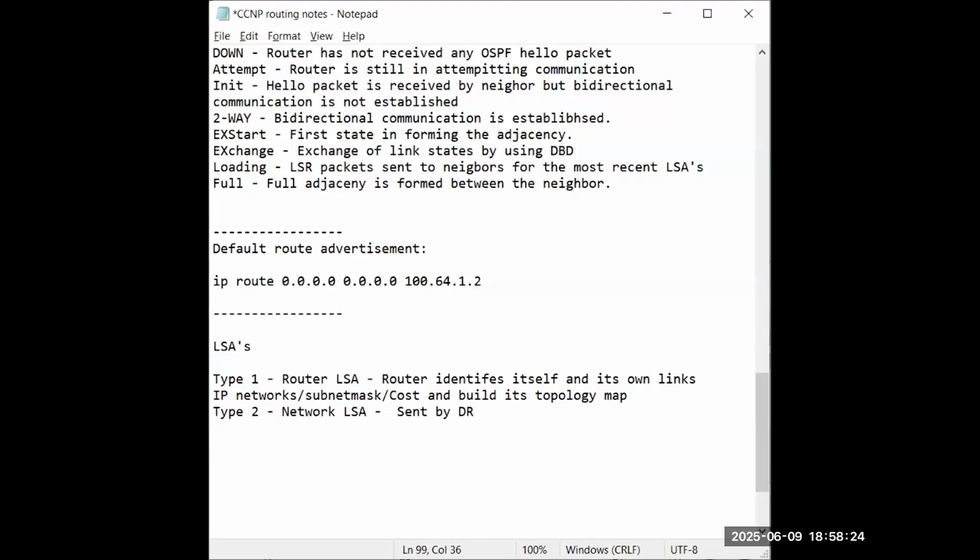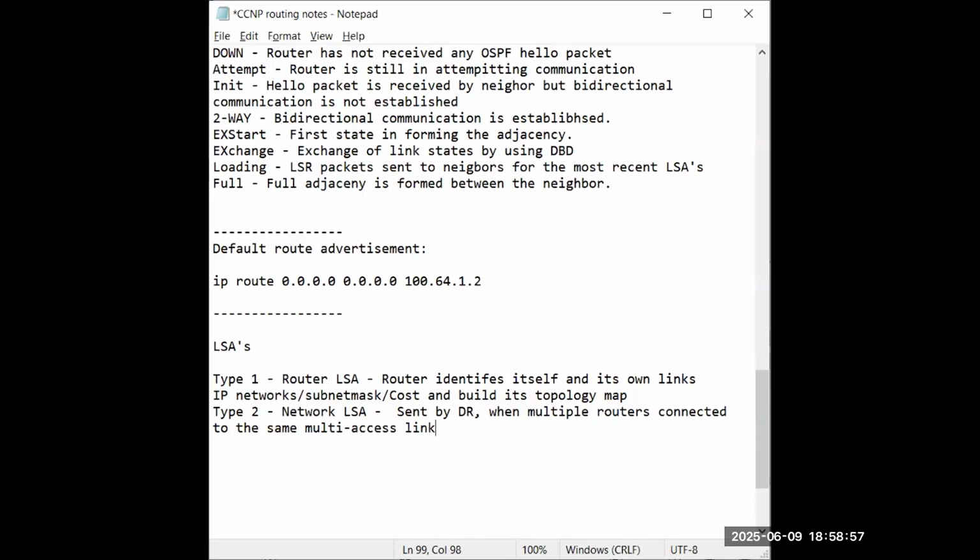So when we have multiple routers connected to the same multi-access link, say for example. So this is LSA 2.